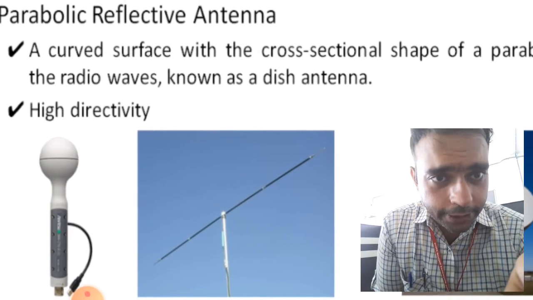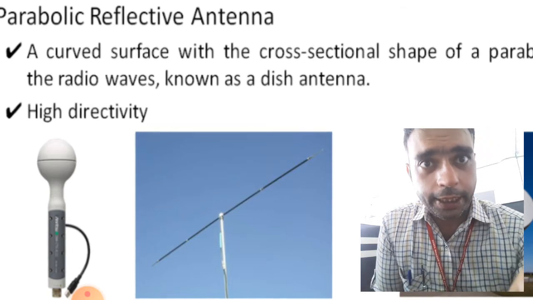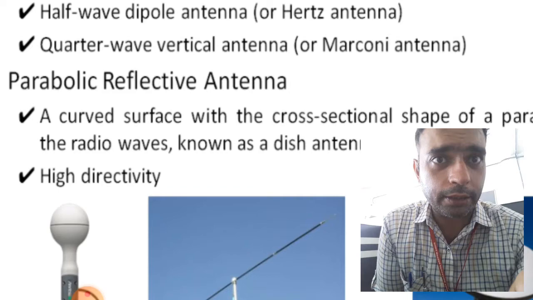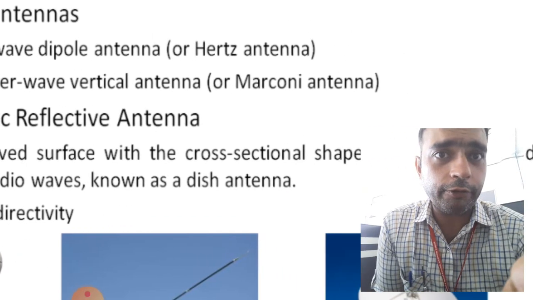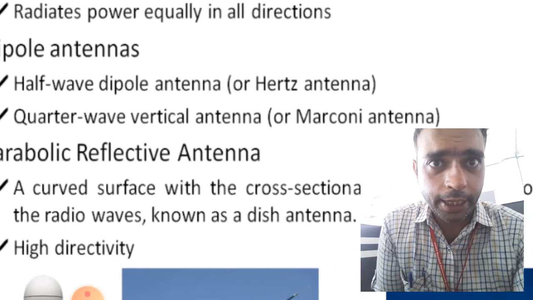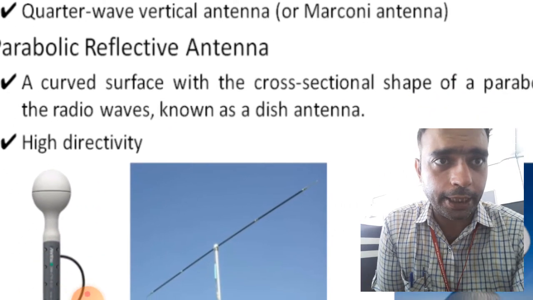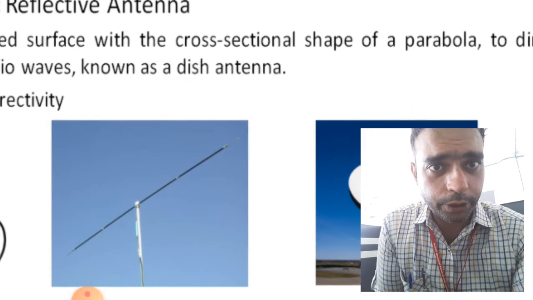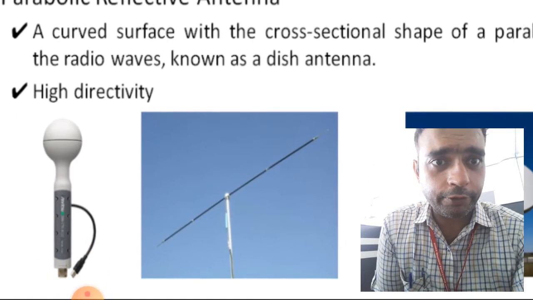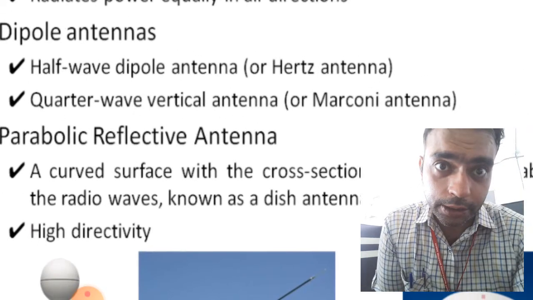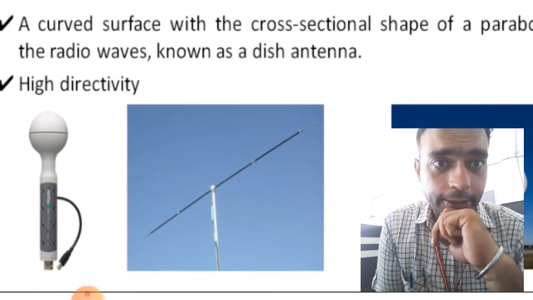Now the second one is this. What is it? The second one is the dipole antenna, in which the half wave dipole antenna or Hertz antenna is there, and the quarter wave vertical antenna is also there. This part shows the half wave dipole antenna, and the second one is the quarter wave vertical antenna.